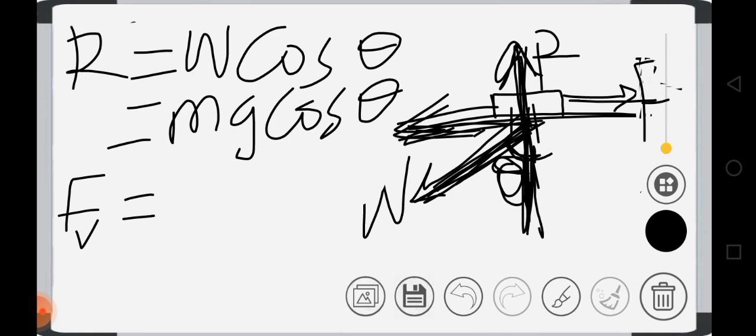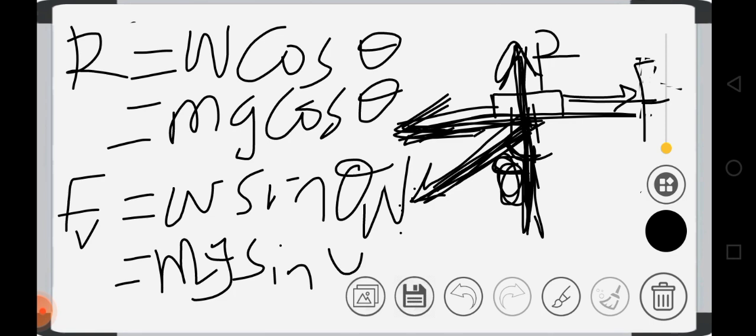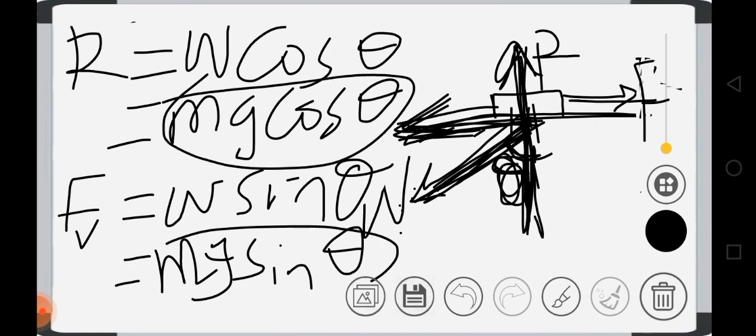The one going to the vertical side is W cos theta. The amount of W going to the horizontal side will be W sine theta, which is equal to mg sine theta.